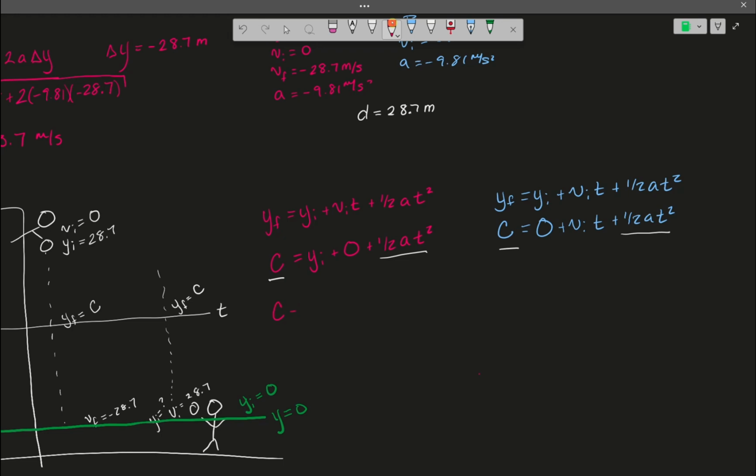So C minus 1/2 at squared is equal to y initial, and C minus 1/2 at squared is equal to the initial velocity times time. Because these values are the same, I can set this equal to each other.